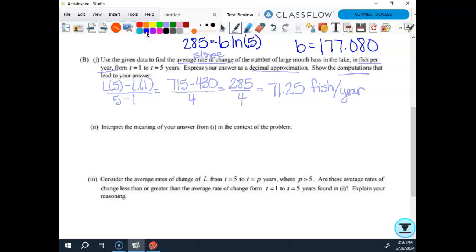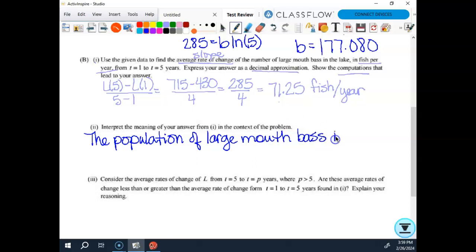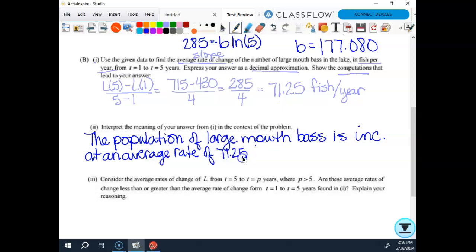So I can say then that the population of largemouth bass is increasing at an average rate of 71.25 fish per year from t equals 1 to t equals 5 years.